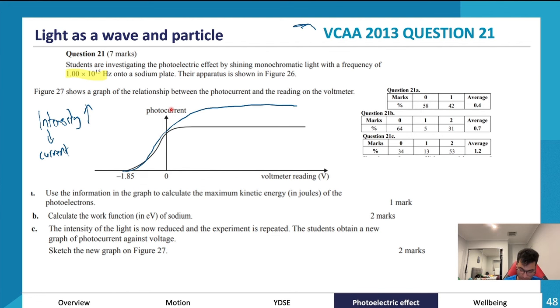When it comes to these graphs, the x-intercept is in volts, and it's given here. So in this case, we have negative 185 volts. So this tells us what the work function is. So this tells us the work function of this metal is 185 electron volts.